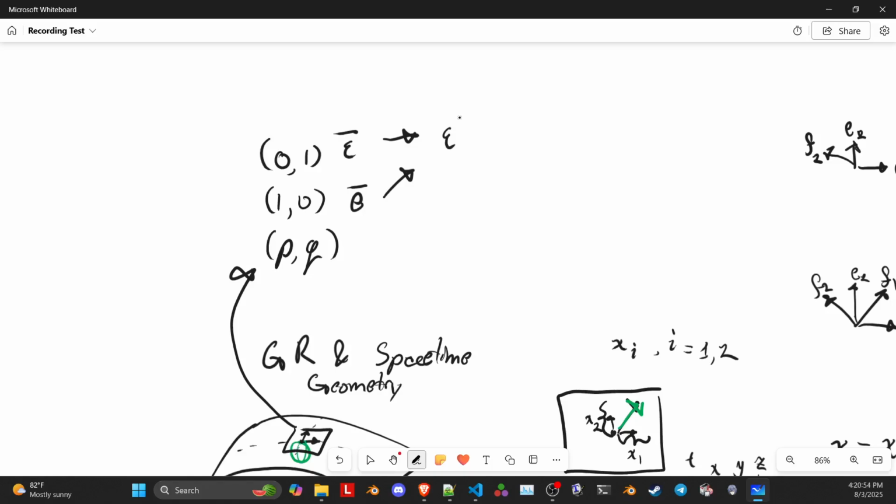So if I take epsilon mu and I act on E beta, again this delta symbol comes up, but now it has a different meaning. The result is only a 1 if mu equals beta, and 0 if mu is not equal to beta.